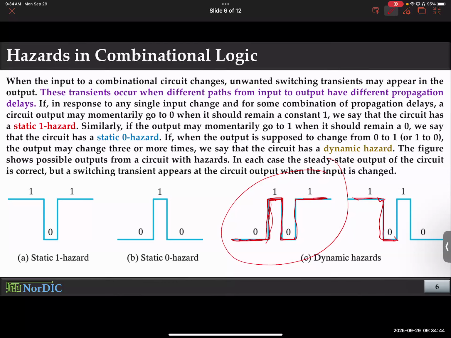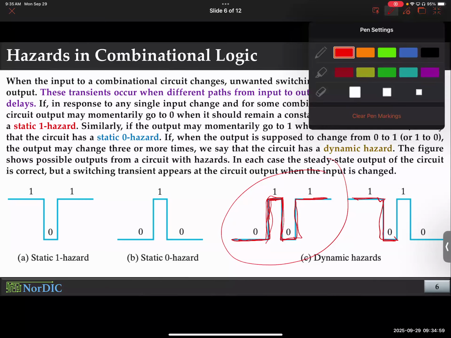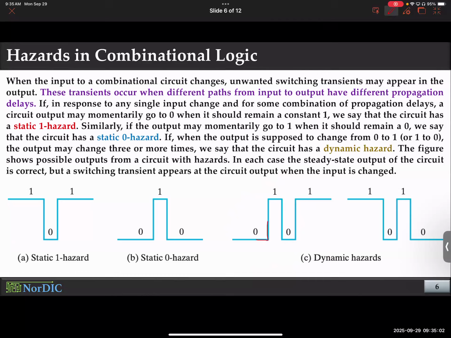You might be wondering, why are we being so picky? There are many reasons. First of all, during this transition, as I keep stressing, everything will be treated as a logic change and will be propagated. The other challenge is if you care about energy: every time there is a transition, there will be charging and discharging of capacitors. Think of it like you have to fill the capacitor with energy and discharge that somewhere.